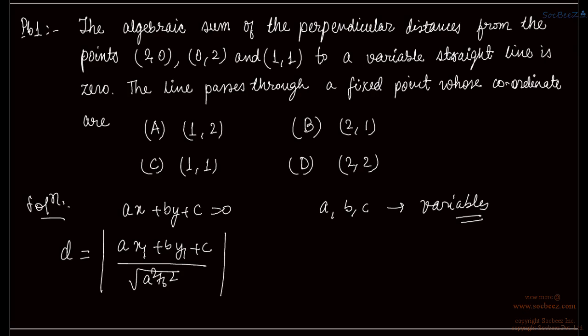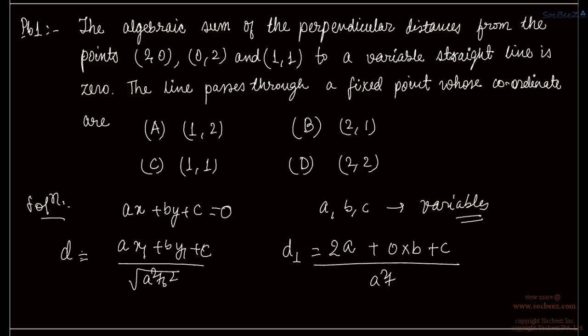But here it is written algebraic sum. That means we will not be taking this modulus. We will be simply taking this quantity. So we have d1 as (2a plus 0 times b plus c) upon square root of a square plus b square.